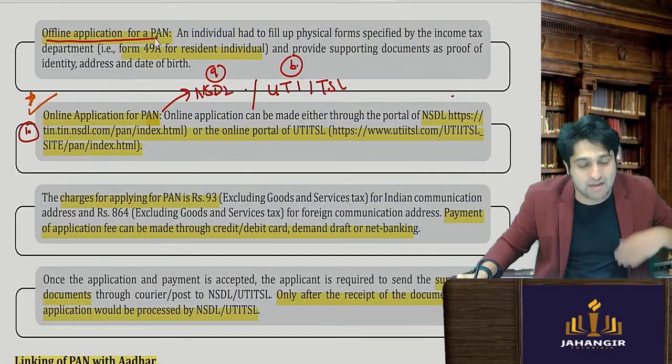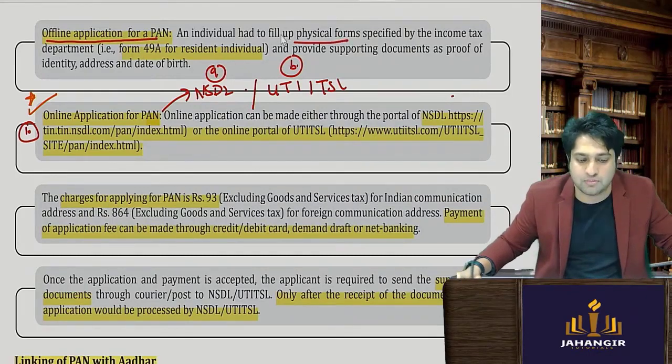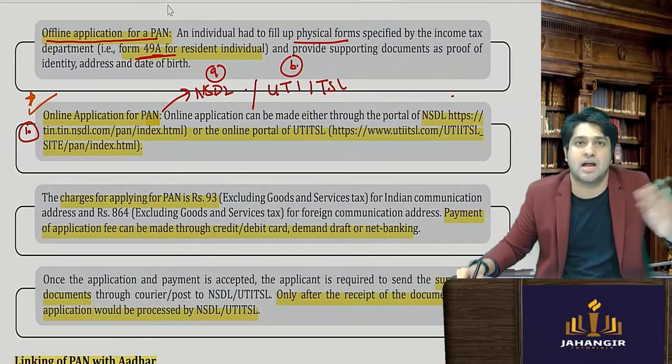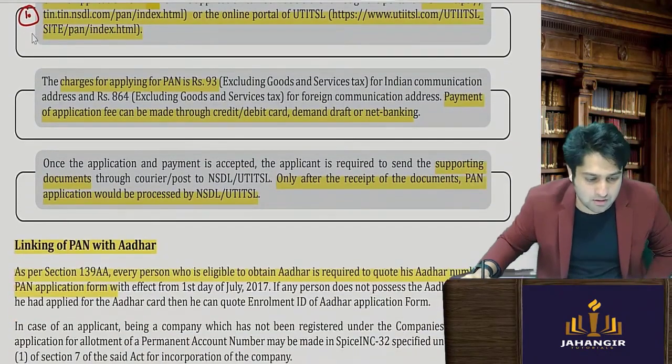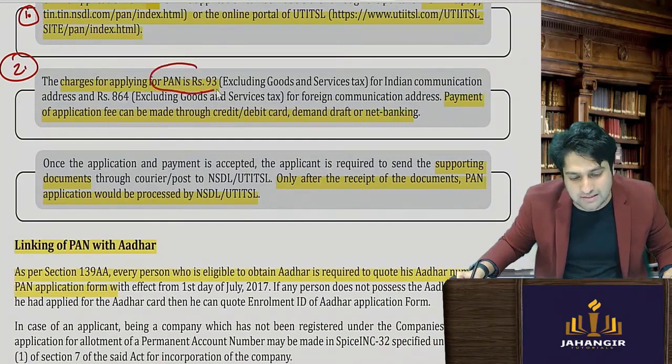If I'm giving an offline application, then obviously you have to get physical forms: 49A for Indians and 49AA for foreign companies. Next, the charges for the PAN, which they have given, is 93 rupees.